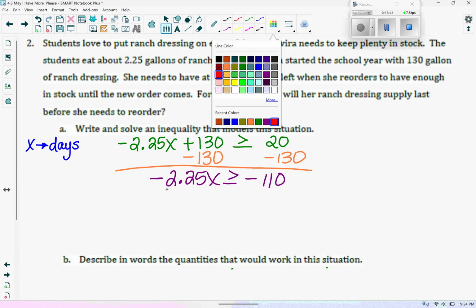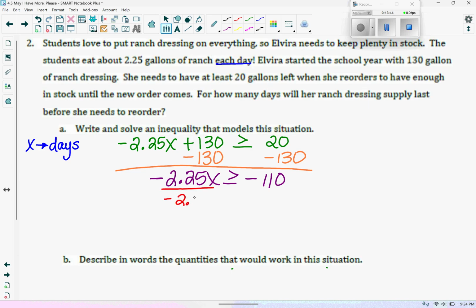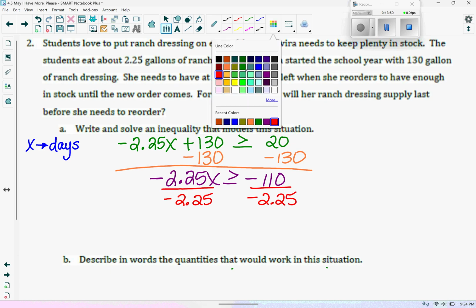All right, next we're going to divide by the negative 2.25. So 110 divided by 2.25.